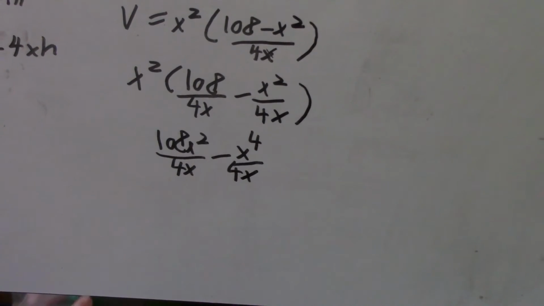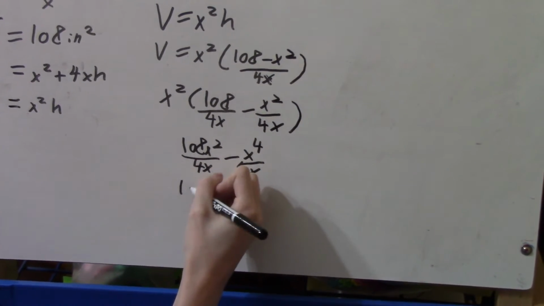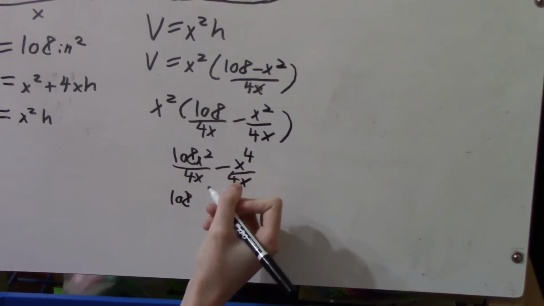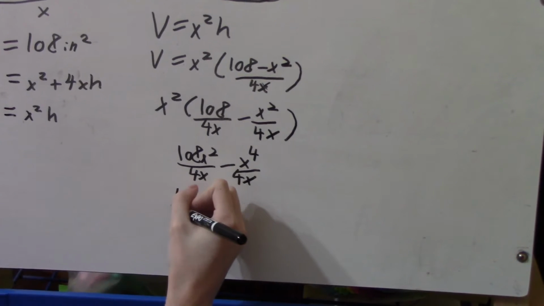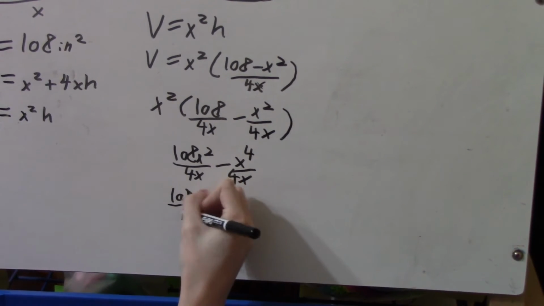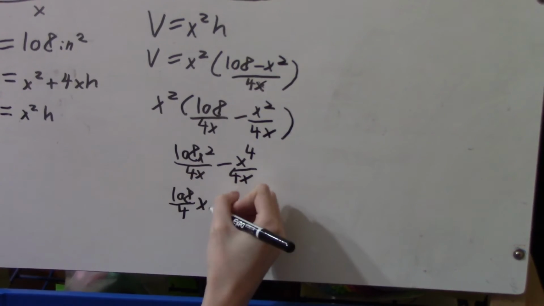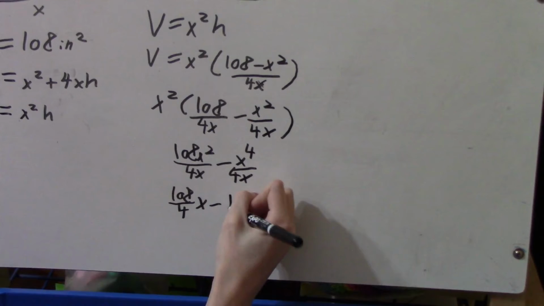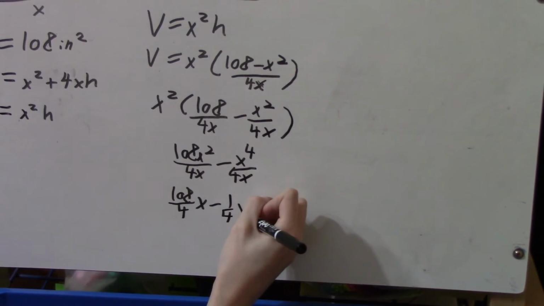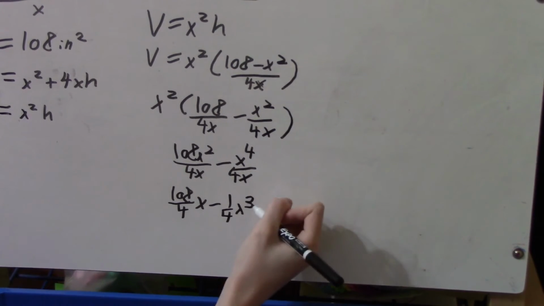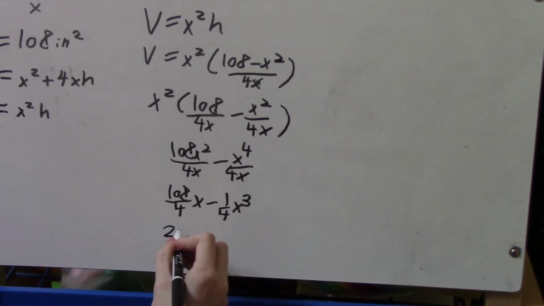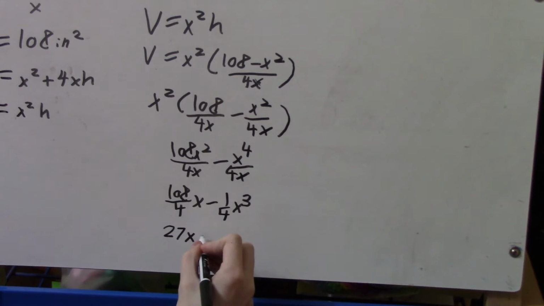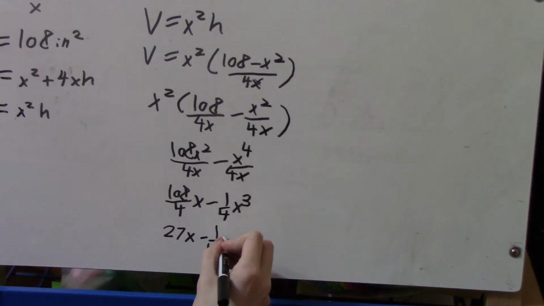That would simplify to 108 over 4x minus a fourth x cubed. This simplifies more to 27x minus a fourth x cubed.